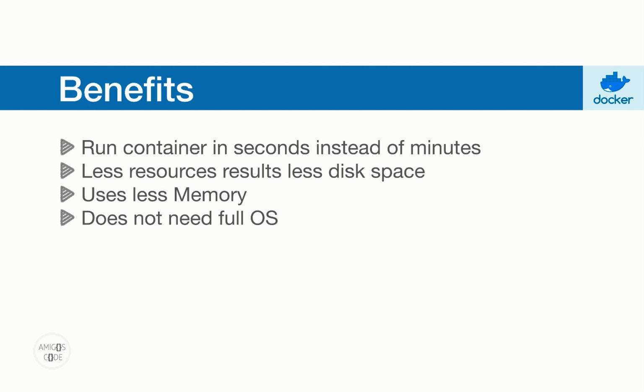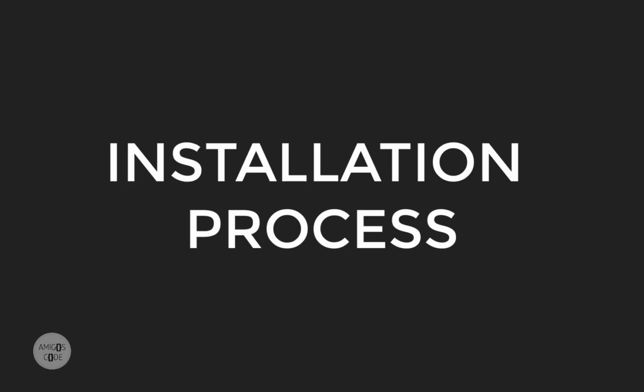You also have things such as deployment and testing. You can test things locally and then take it to whatever environment, and it is absolutely guaranteed to work. If you have any questions, go ahead and drop me a message. Otherwise, let's move on and learn how to install Docker.